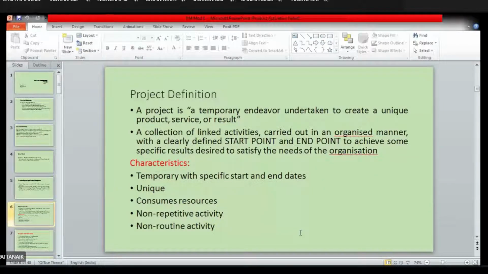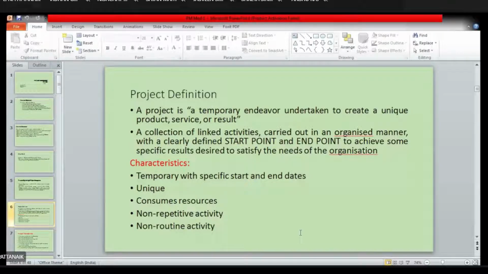New railway line, that is a project. At the end of the project, what is happening? It is providing services, transportation services, right? And result is something where, as I said, you are finding some kind of new invention. It may be some formula, some solution, some medicine, things like that. So that is a result.